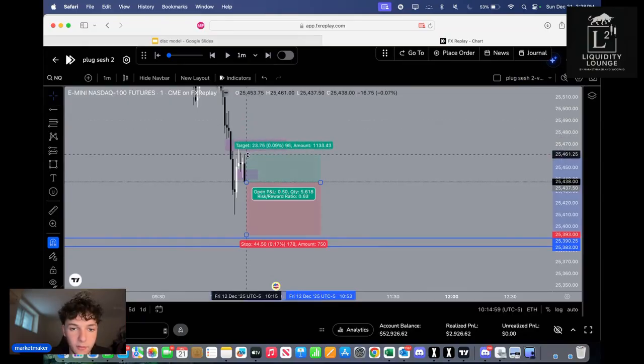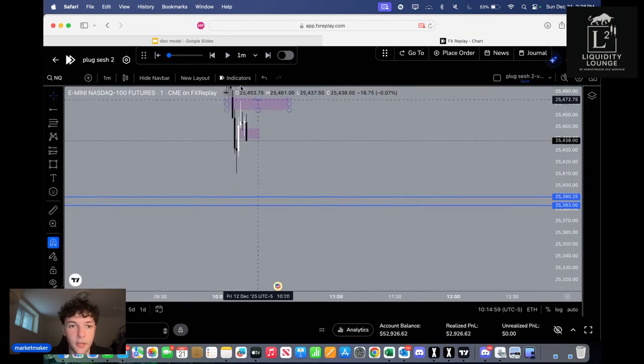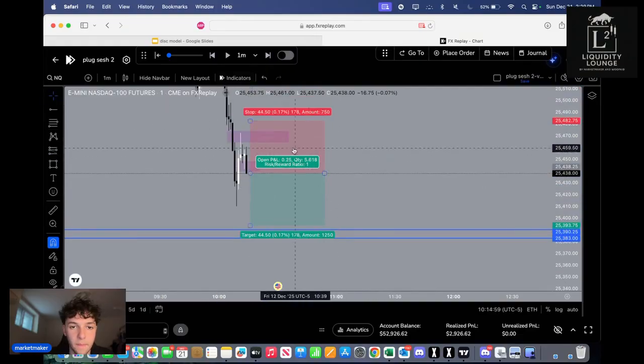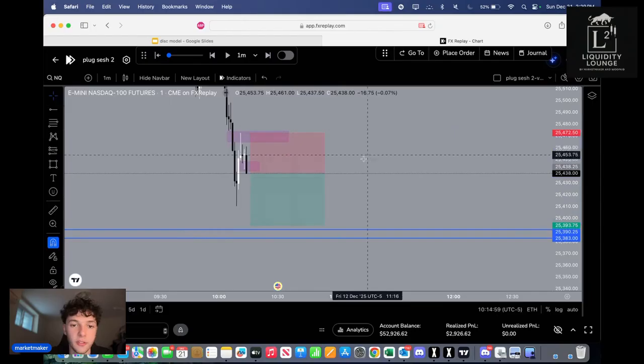Stop loss above either this swing high or this swing high up here. Either or is fine. And, oh, wrong one actually. Let me fix that. Short position. Stop loss above either this swing high or this swing high. We'll just do this one to be safe.